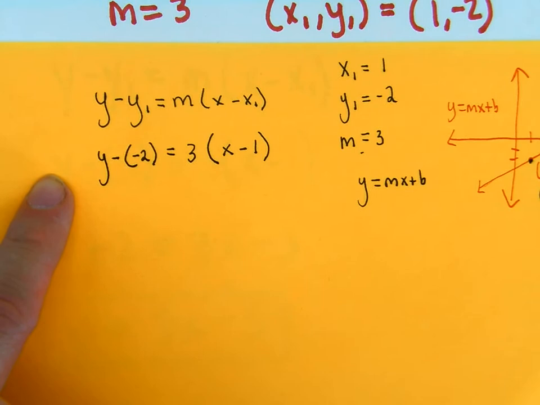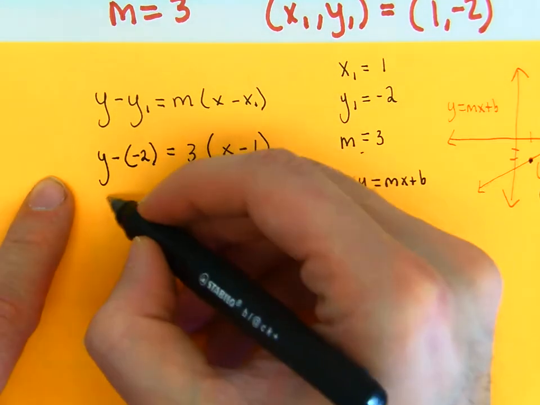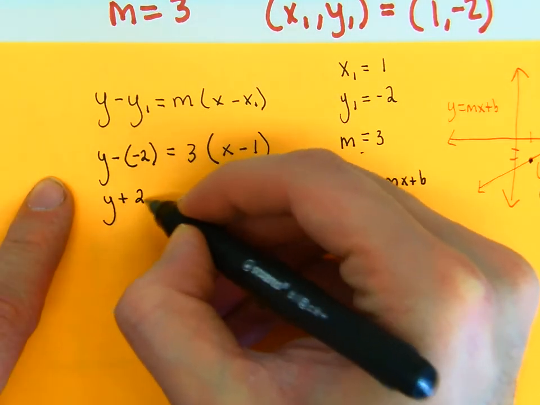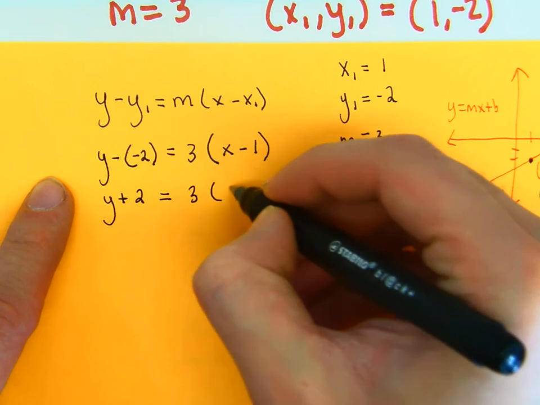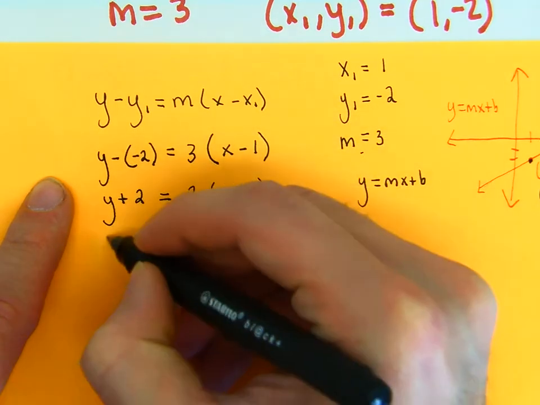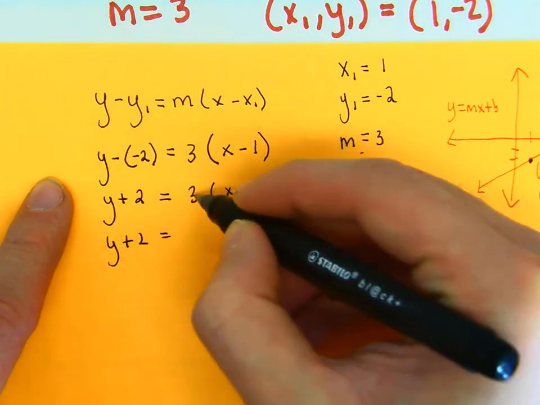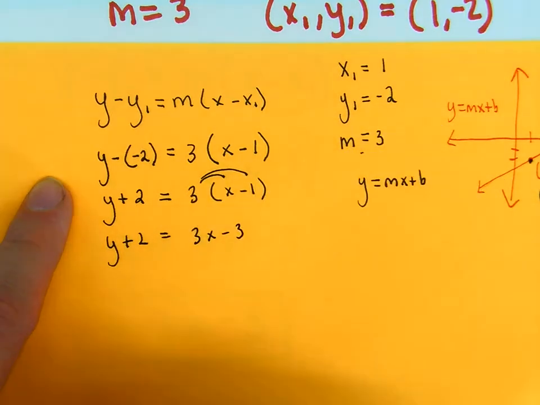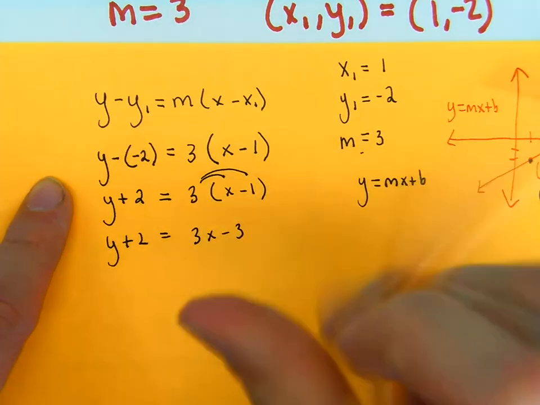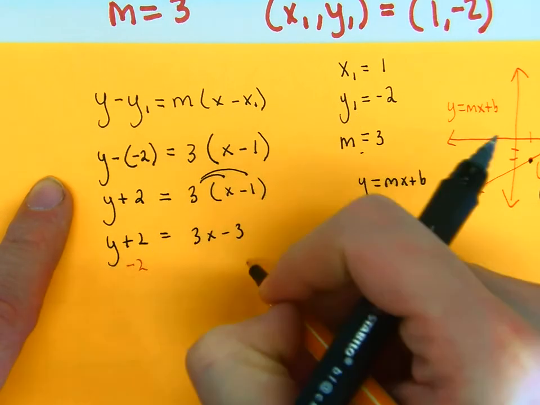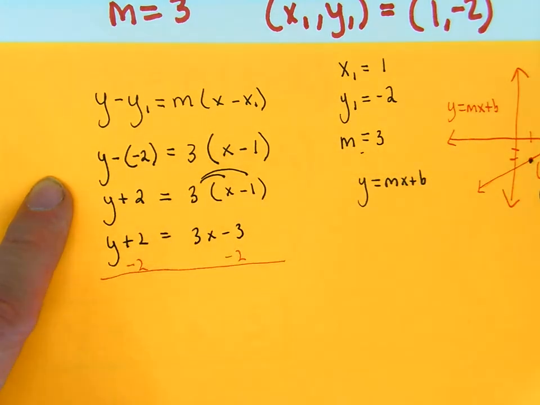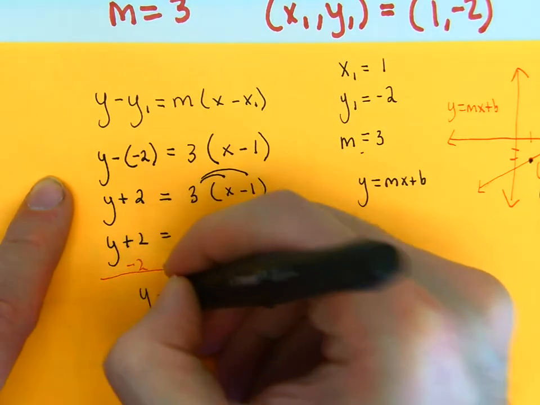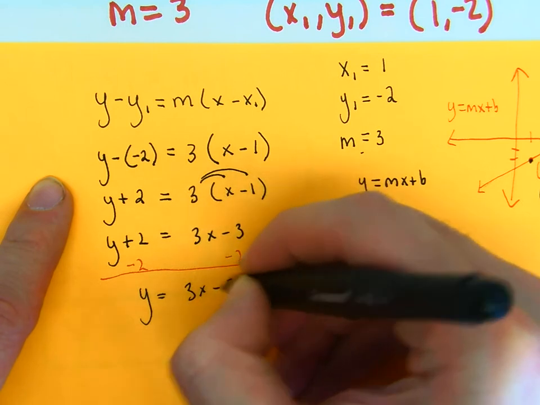Just make sure this is y plus 2 equals 3 times x minus 1. So y plus 2, let's distribute the 3. So this is 3x minus 3. And now I'm going to subtract 2 from both sides. So I have y equals 3x minus 5.